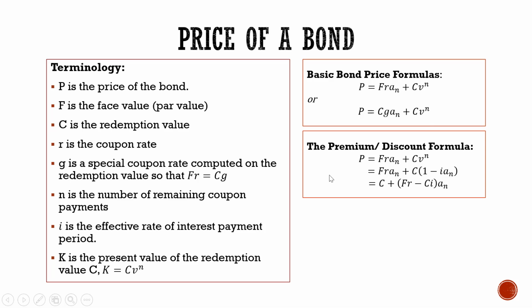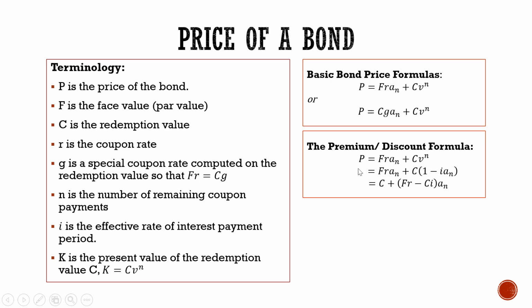The second formula for bond price is the premium and discount formula. Here, v to the n can be rewritten in terms of a angle n. v to the n is 1 minus i times a angle n. So this formula turns out to be C plus (Fr minus Ci) times a angle n. And we also can replace Fr by Cg.